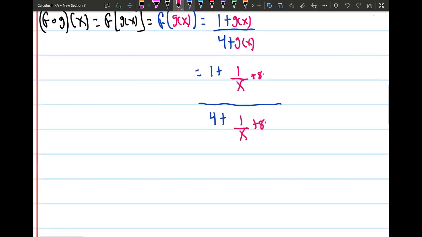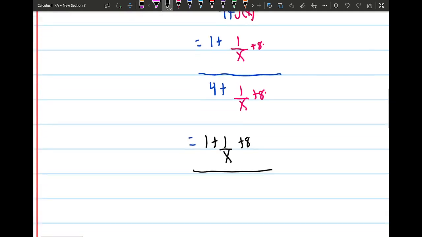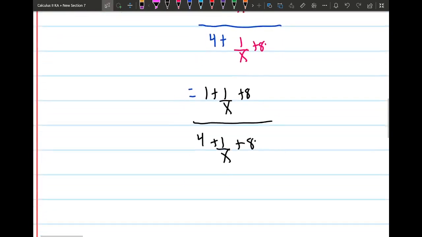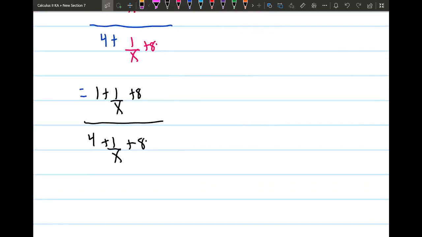Now it's a matter of just simplifying this expression. We have 1 plus 1 over x plus 8, over 4 plus 1 over x plus 8. So now we're going to get the common denominator. Clearly it looks like it's x, because there's no other term with a variable that is common.